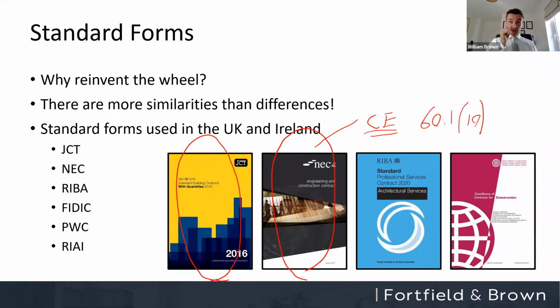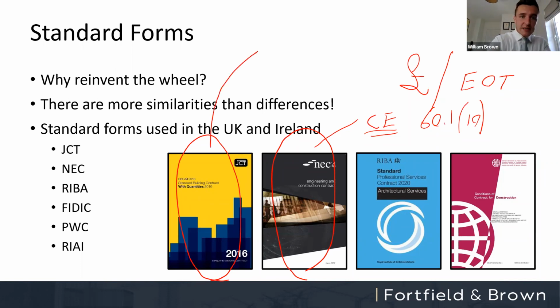Because it was a compensation event, because it prevented completion, contractors were entitled to all of the money consequences of that, plus an extension of time. The exact same event, COVID-19 under JCT, was a relevant event that amounted to force majeure, at least people thought it did anyway. And because it was only a relevant event, that only entitled the contractor to time.